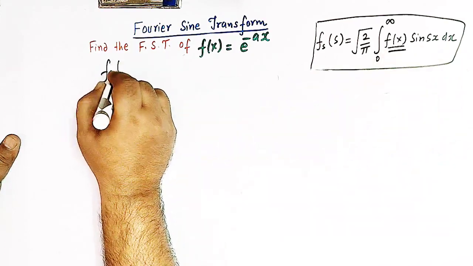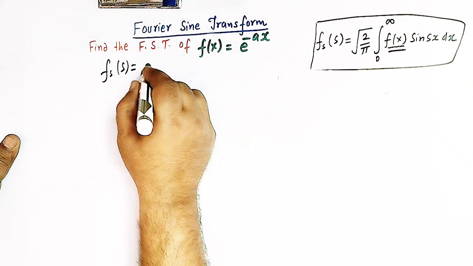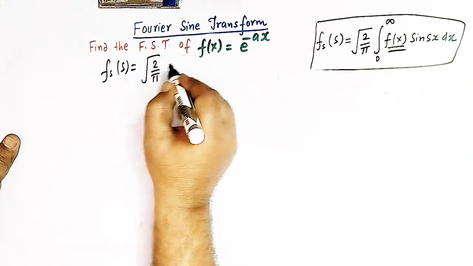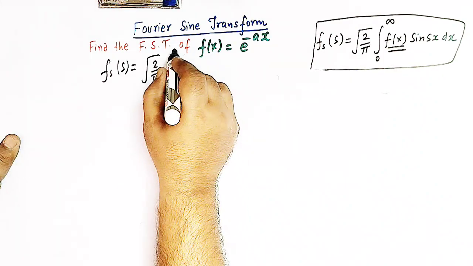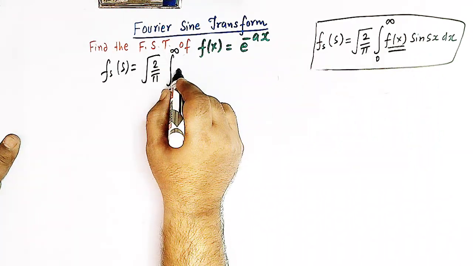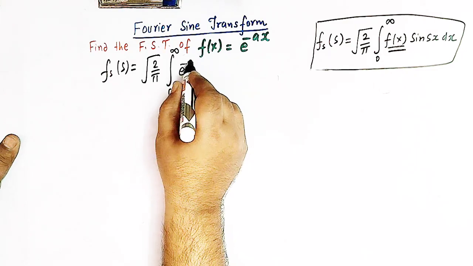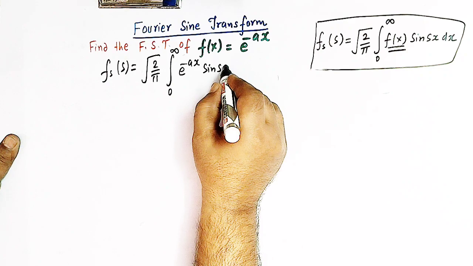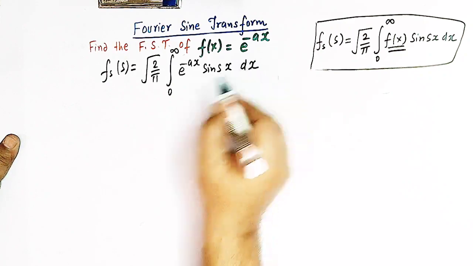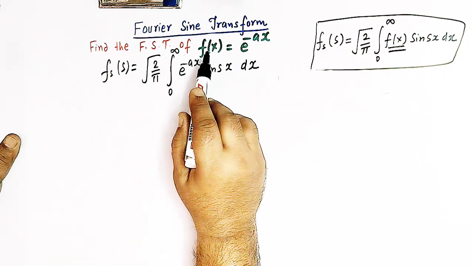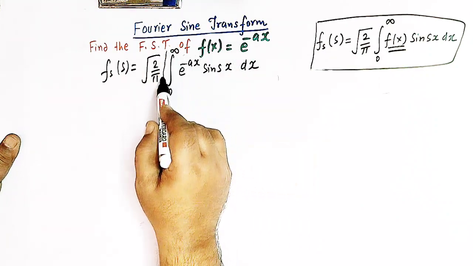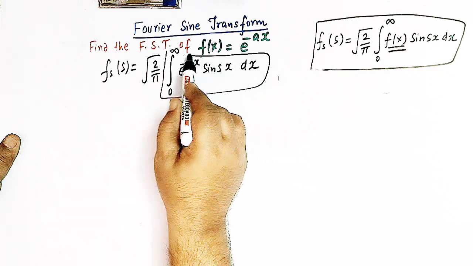So the Fourier sine transform of this function is given by square root of 2 over pi. Then we have 0 to infinity, and f of x is e raised to minus ax and sine sx dx, right? So to get the Fourier sine transform of this function, now we have to evaluate this integral, right?